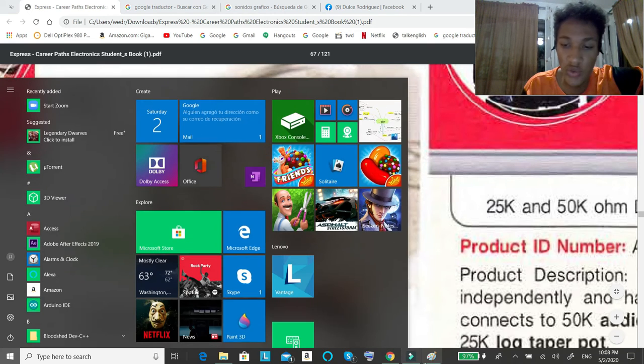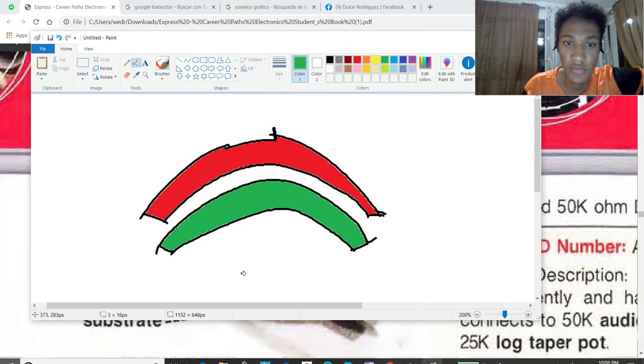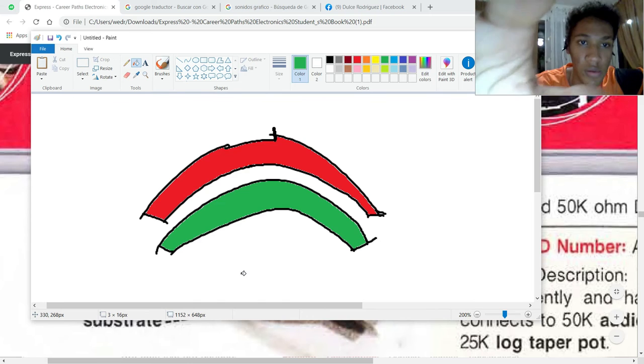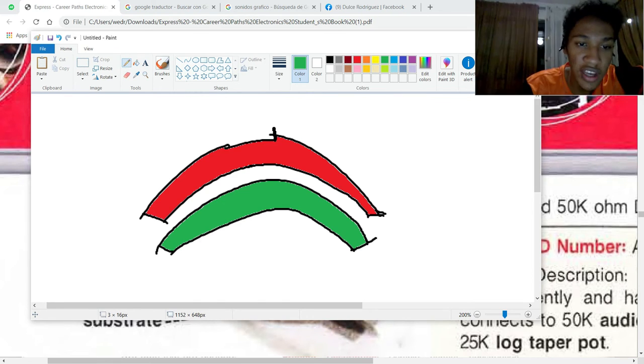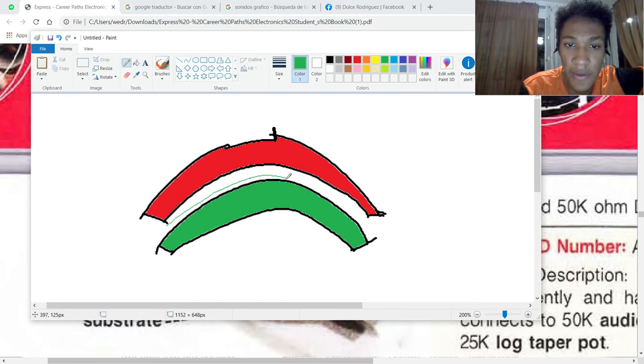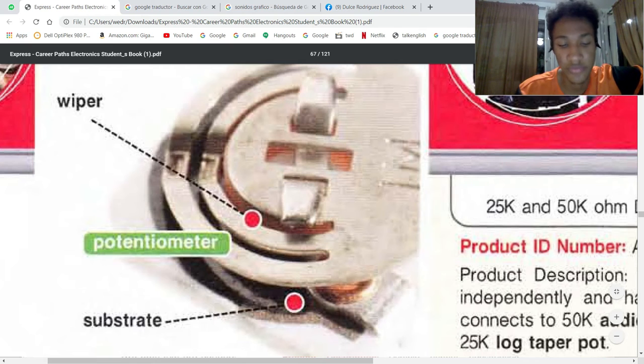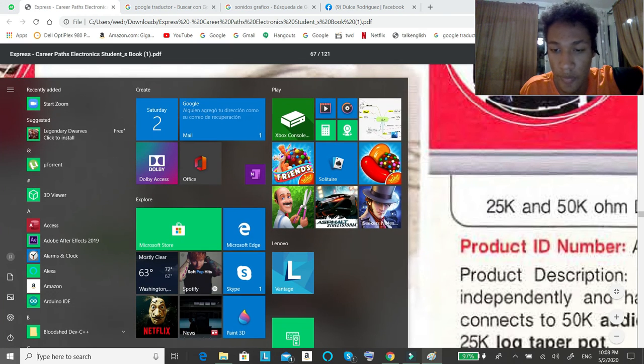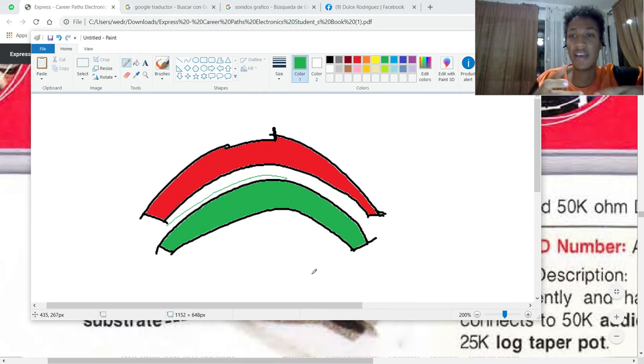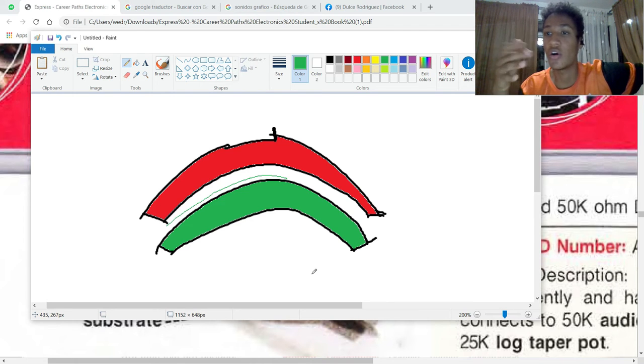With this substrate you can move between these wipers and change the value of the resistor.